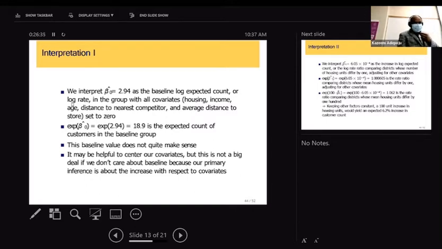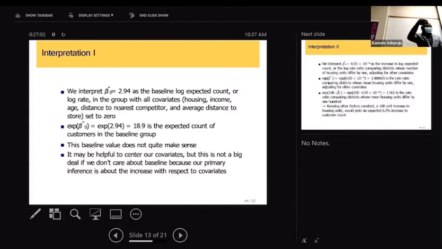That intercept, beta naught equal to 2.94, is the log expected count when all covariates equal 0. You know, the y-intercept is the value of y when x equals 0. You know that, right? And that is what we mean. We interpret beta naught equal to 2.94 as the baseline log expected count.